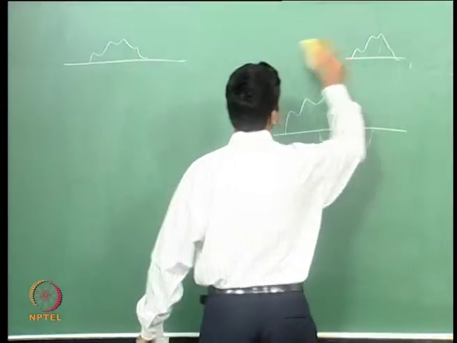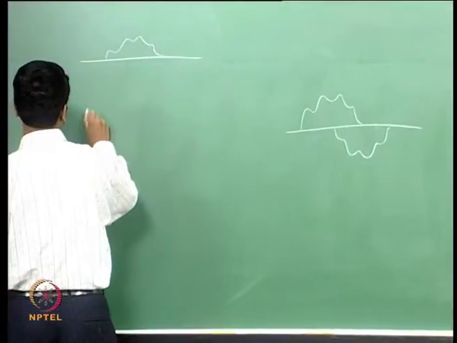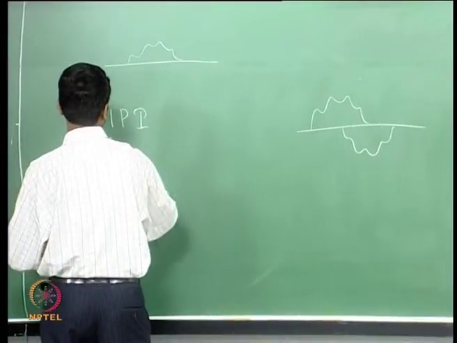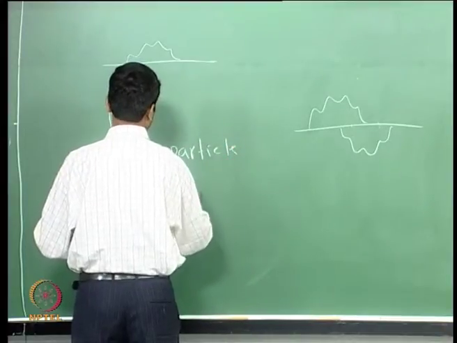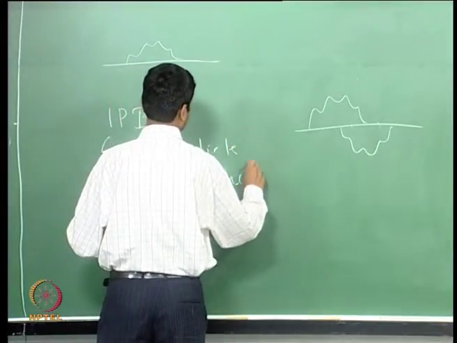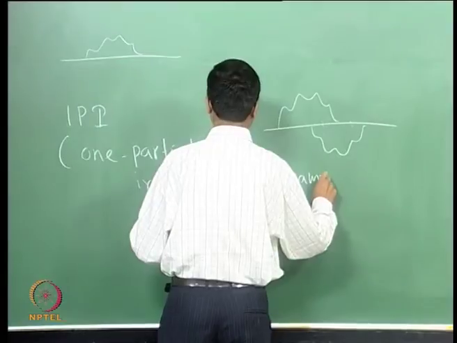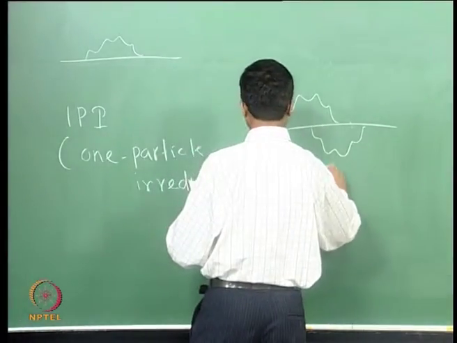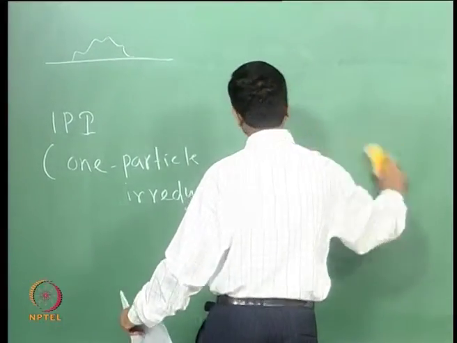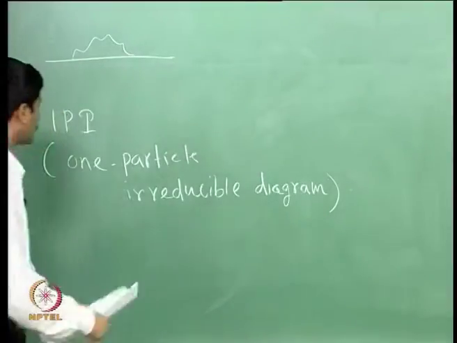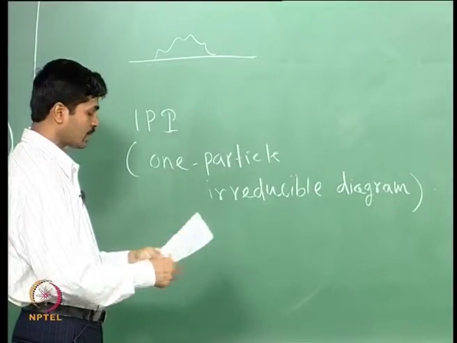So these ones we will denote as 1 pi, one particle irreducible diagrams, and at the lowest order at one loop level, which is order e square, it is simply given by minus i sigma 2.